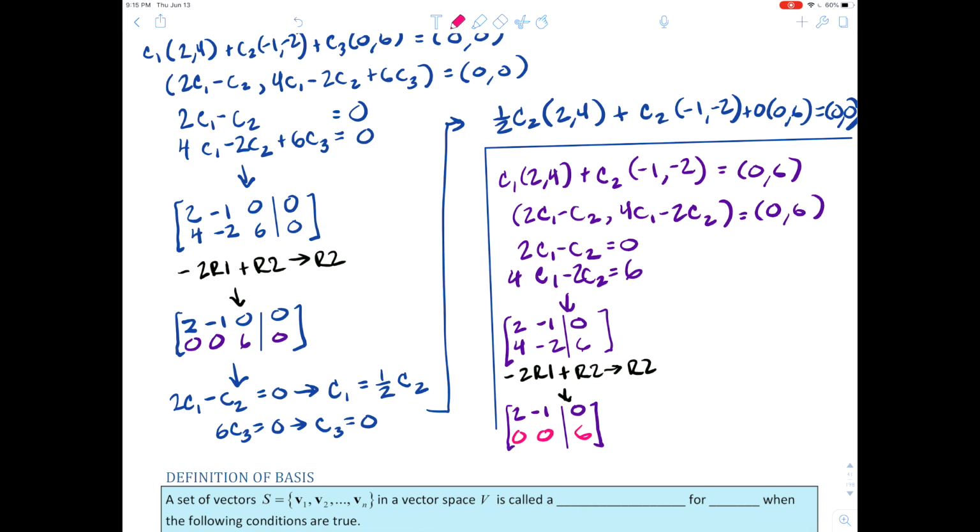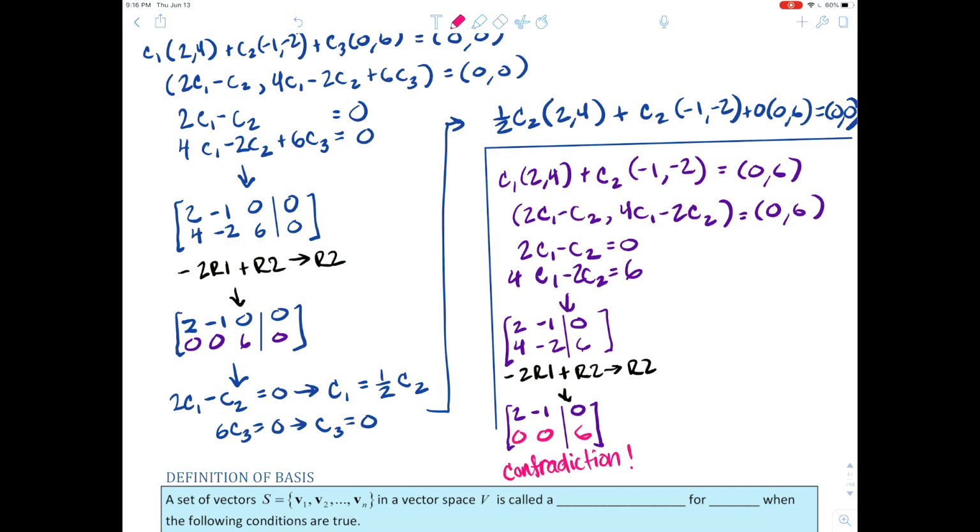Do you see that one is a contradiction? So you can't use that. Contradiction. So that doesn't work. You can't write 0, 6 as a linear combination of the other two.